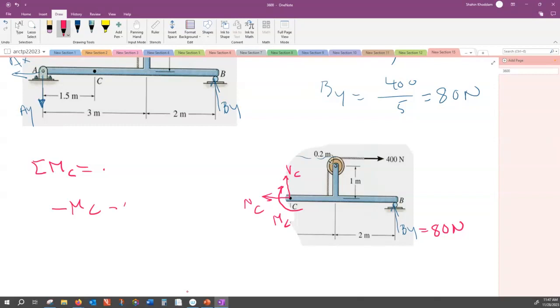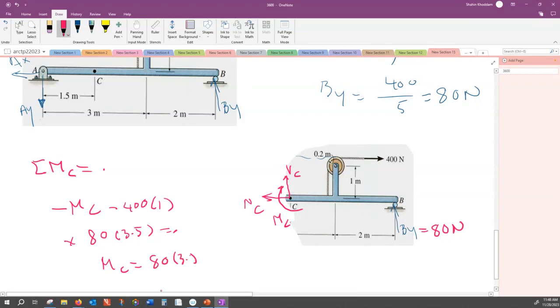Minus 400, what is the arm of rotation? 1. And then, what about 80 Newton? Is this positive or negative rotation? Positive. And what is the arm of rotation? 1 and 1.5, 3.5. So from here, I have M of C is equal to 80 times 3.5 minus 400.